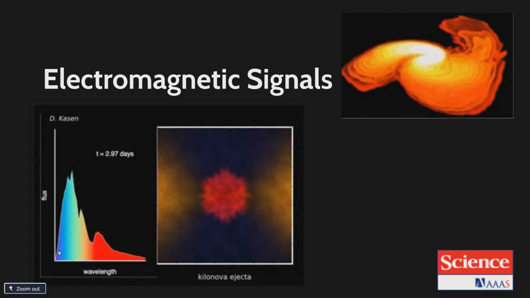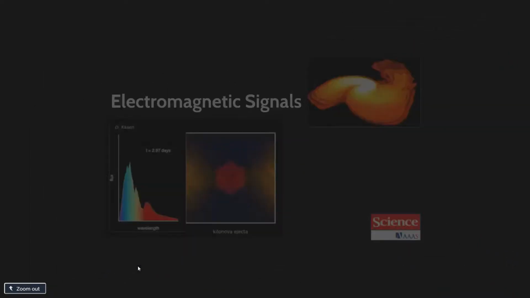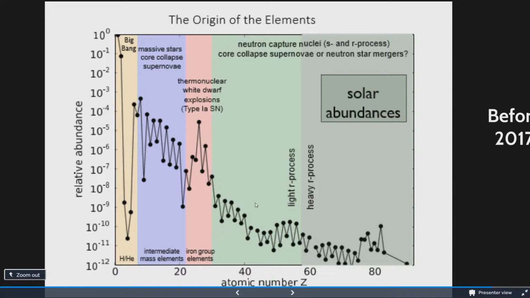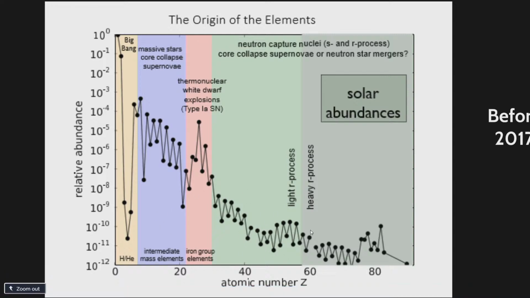And it was 2 jets of material. Some of them had signals of light r-process nuclei, so it was probably a region of fewer neutrons, and then a region of lots of neutrons that made the heavier ones. So the bottom line was that they saw these elements being made in one jet, and they saw these elements being made in the other jet.